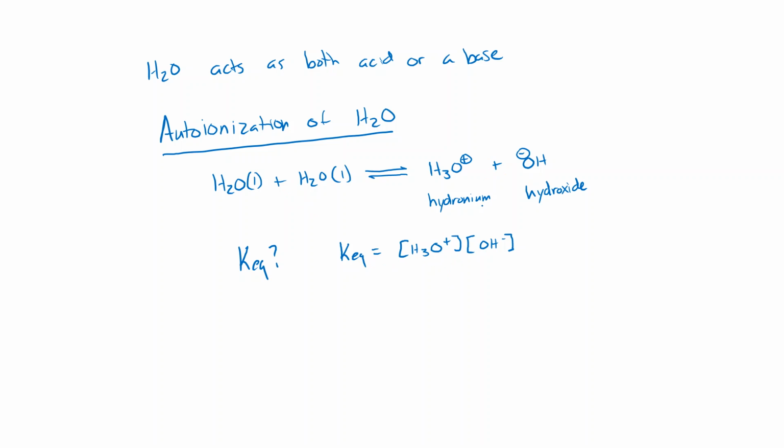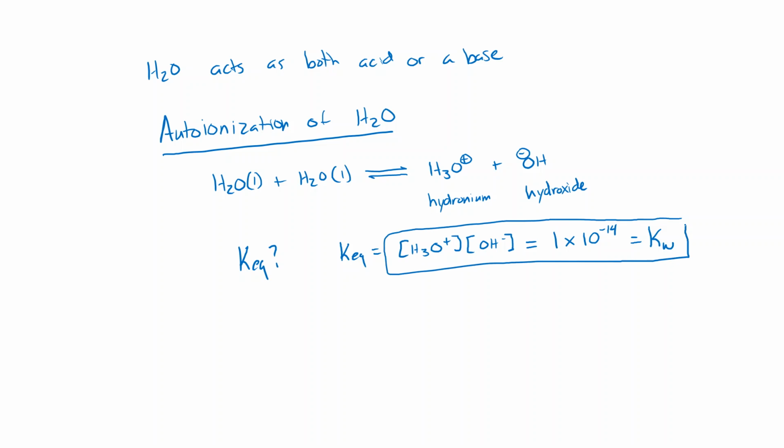And so H3O plus times OH minus, this value is a constant. And that value is 1 times 10 to the negative 14th. This value is so important that it gets its own name. This is the equilibrium constant of the autoionization of water, so we call this KW. This thing here is important. This gets all kinds of stars.